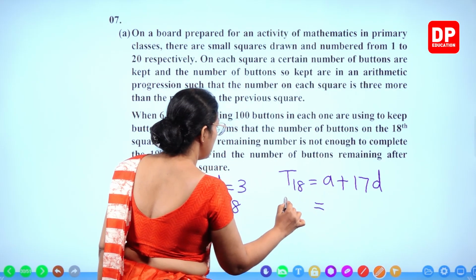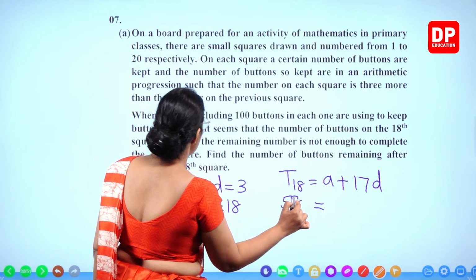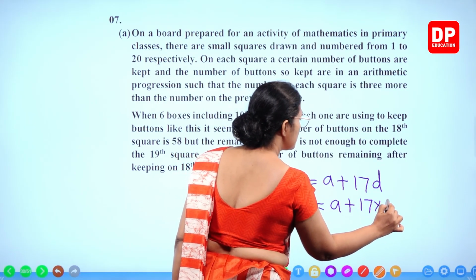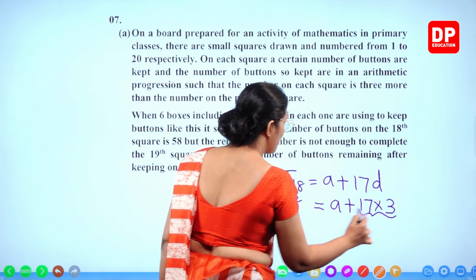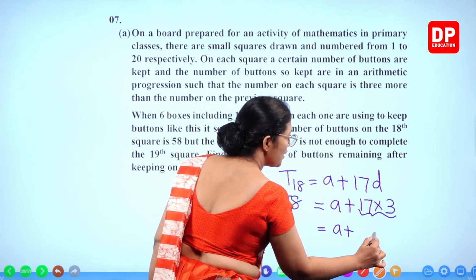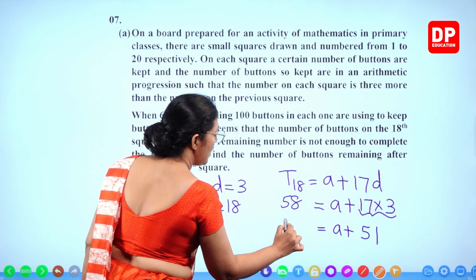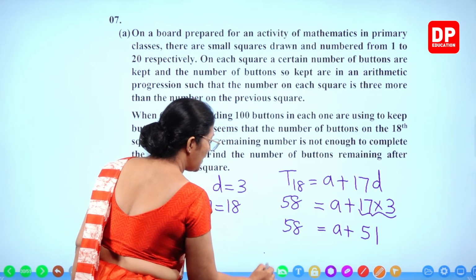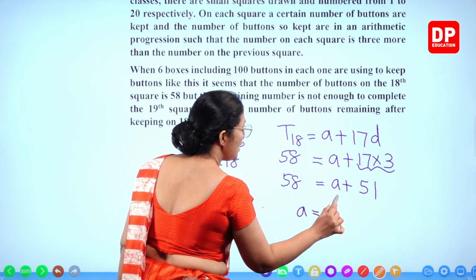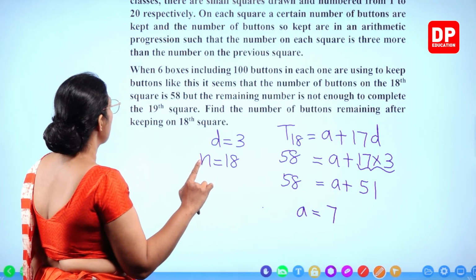So you can equate. So 58 buttons are there and we know d equals 3. According to BODMAS, do multiplication first. 17 times 3, 51, and this is 58. So what is a? The first term is 58 minus 51, that's 7. So first term is 7.